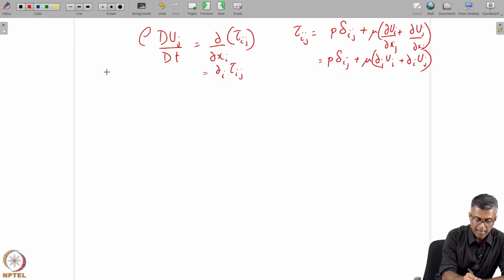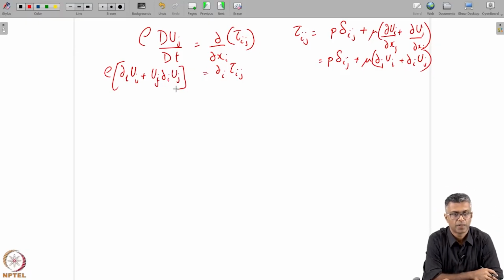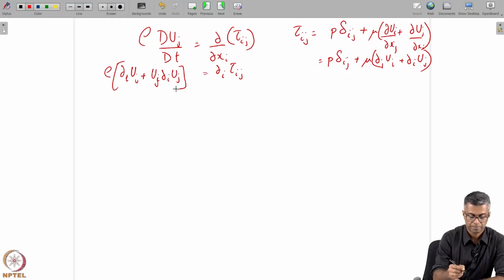On the left hand side I have rho times del t u_j plus u_j del_i u_j. That is the convective term. No, I made a mistake here.